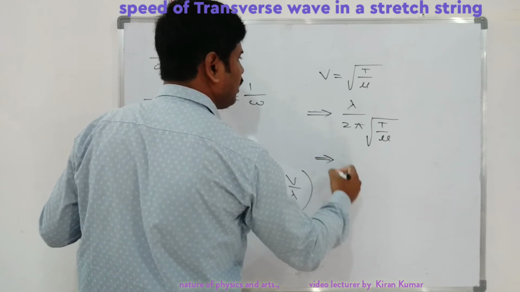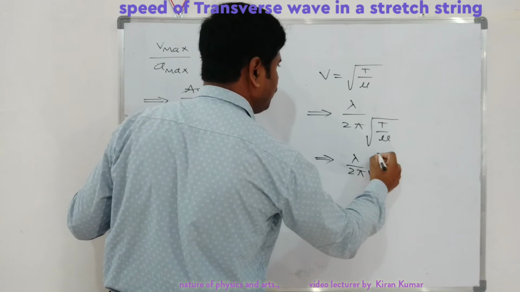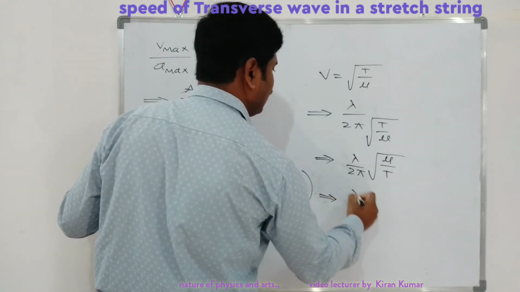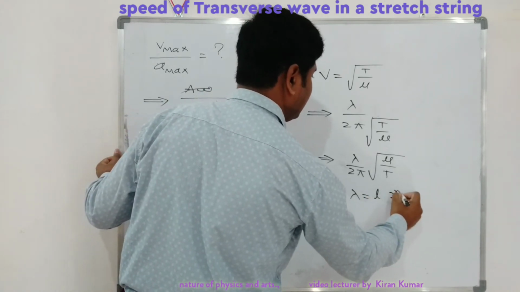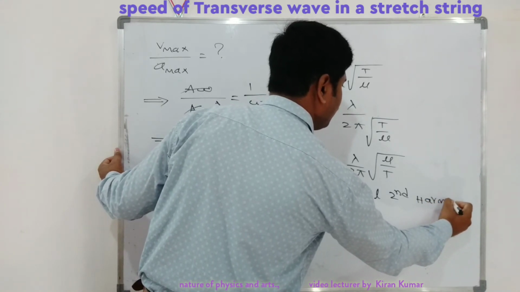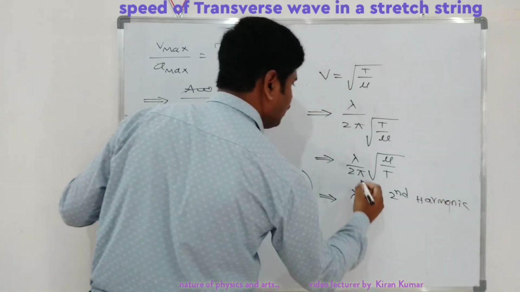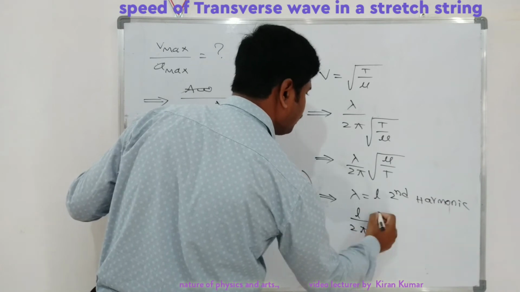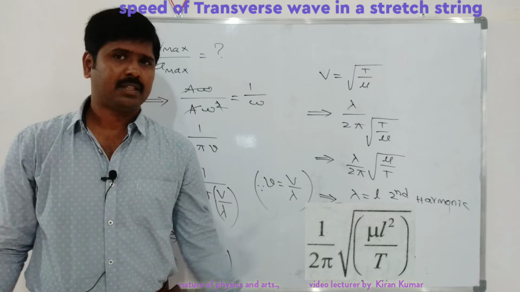Then lambda divided by 2 pi root over mu divided by T. Then lambda is equal to L for the second harmonic, that is given in the question. Then L divided by 2 pi root over mu by T is the answer for the given question. Please copy this.